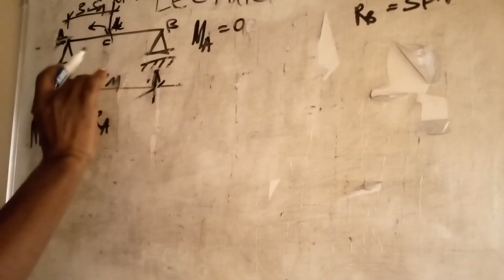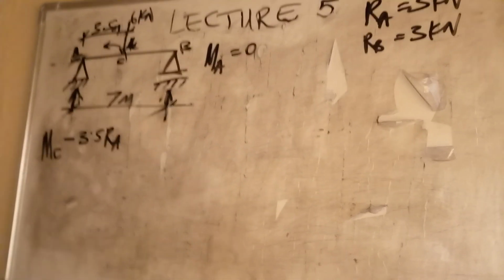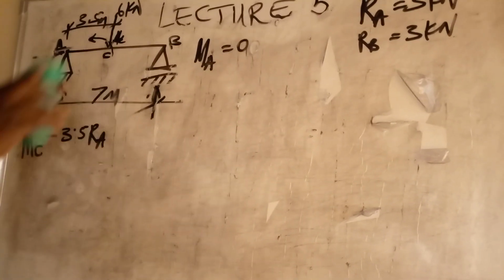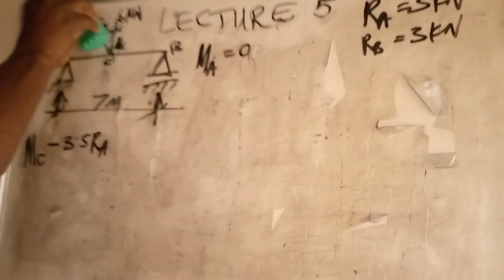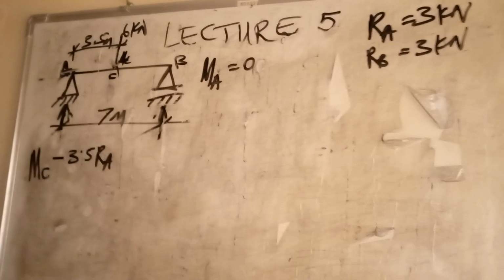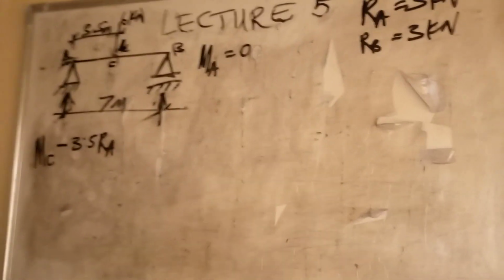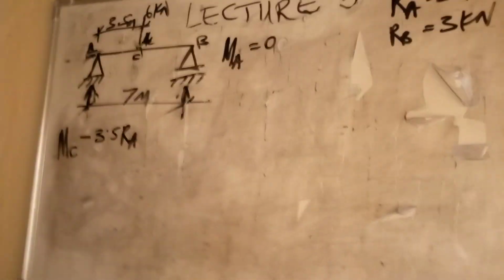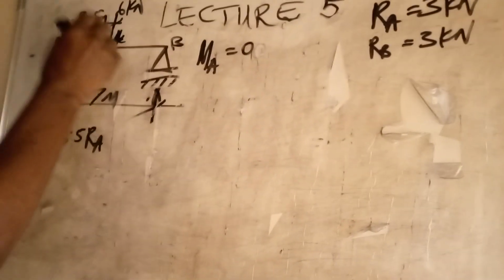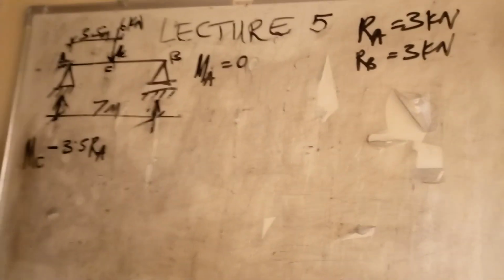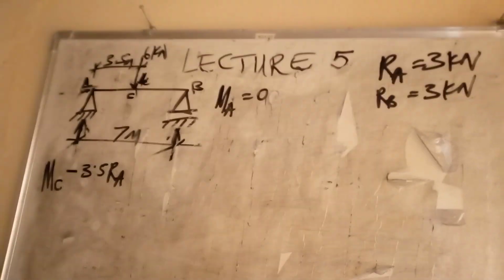There's no other moment because the force 6 will not give a moment at point C where 6 is acting. Its distance from itself is 0. The distance of reaction A from C is 3.5, that's why we have 3.5 here. But the distance of 6 kilonewtons from point C is 0, that's why we're not bringing that.